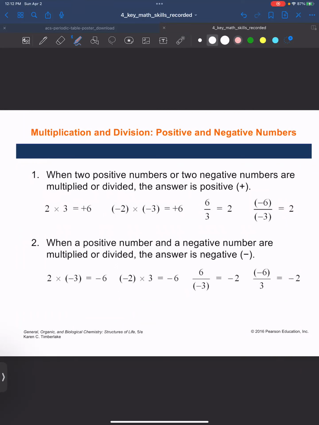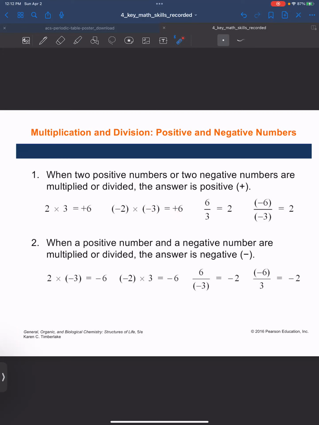Multiplication and division, when we're dealing with positive and negative numbers, it's important when two positive numbers or two negative numbers are multiplied or divided, the answer ends up being positive. So for example, 2 times 3 is 6. -2 times -3 also is 6. And you can see that with division too.